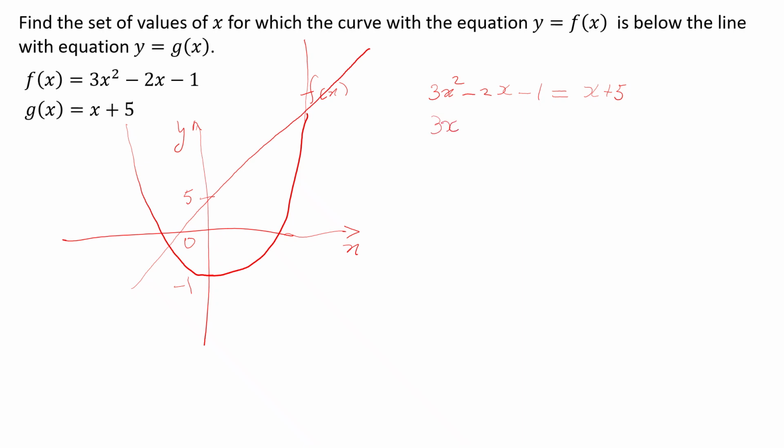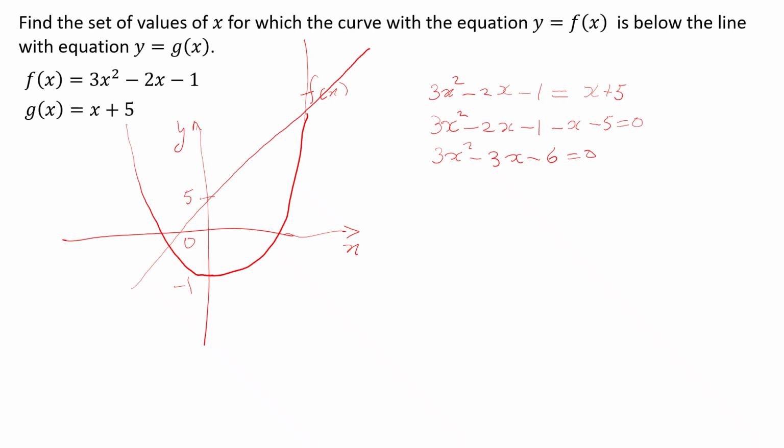3x squared minus 2x minus 1 minus x minus 5 equals 0. Now 3x squared, minus 2x minus x is minus 3x, minus 1 minus 5 is minus 6, equals 0. Now you can see we can divide all this by 3.